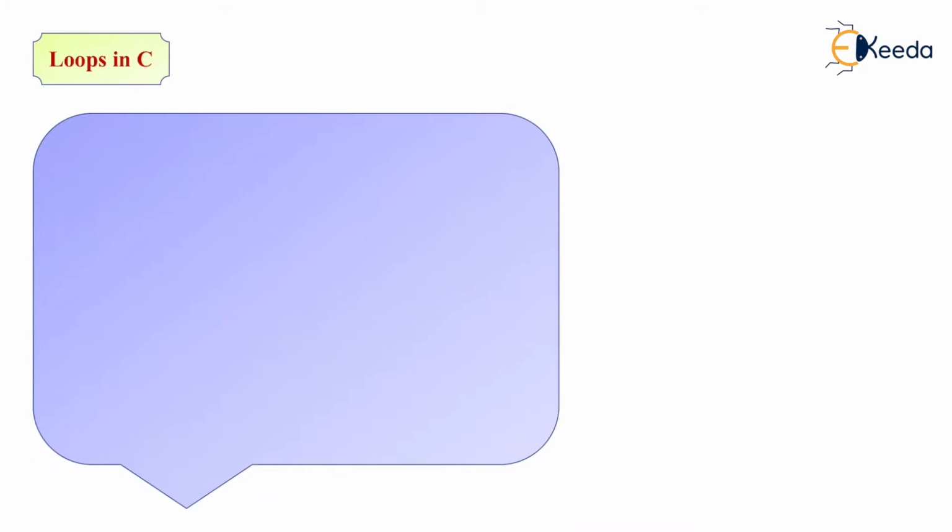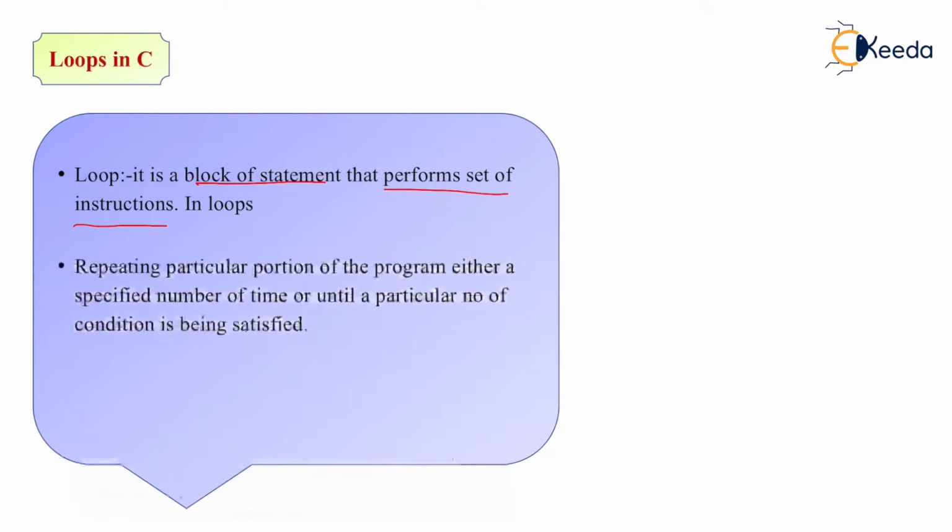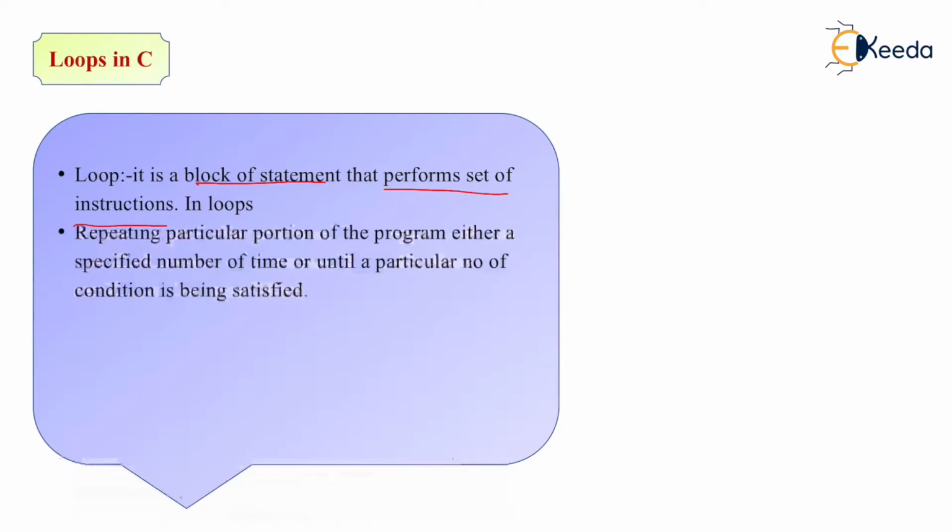In this video, we are going to see firstly the loops in C programs. A loop is a block of statements that performs a set of instructions. In loops, a particular portion of the program is repeated either a specified number of times or until a particular condition is satisfied.